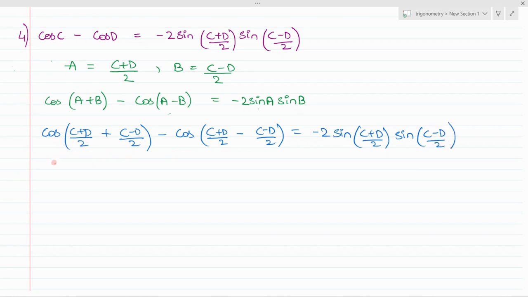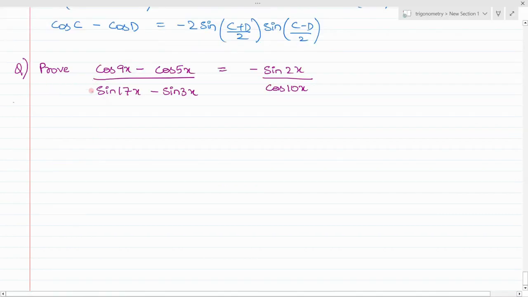So here we'll get cos 2C by 2, which is cos C, minus cos D, equal to minus 2 sine of (C plus D) by 2 into sine of (C minus D) by 2. So hence we can prove this formula using the earlier formula. So let's see a few questions.